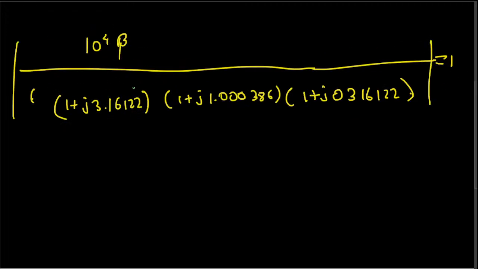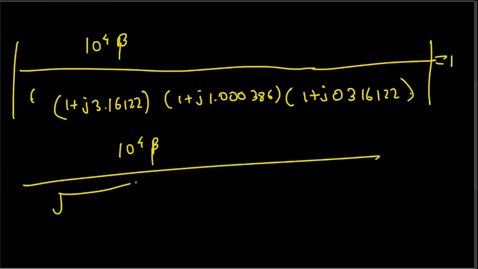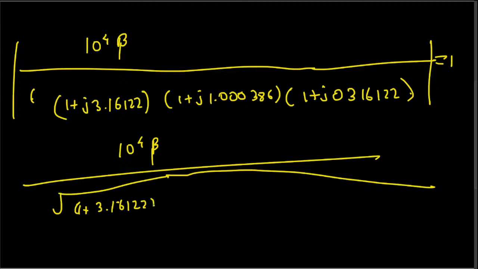To find the absolute value, you have to square and square root. So this is 10 to the power of 4 beta, and then in the denominator when you square and square root all the values, here you will have 1 plus, and the j term will be gone, so this is just 1 plus 3.16122 squared.